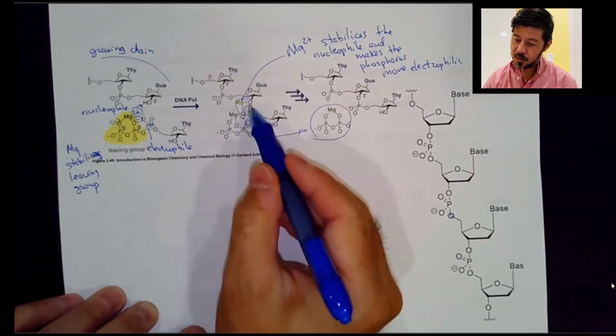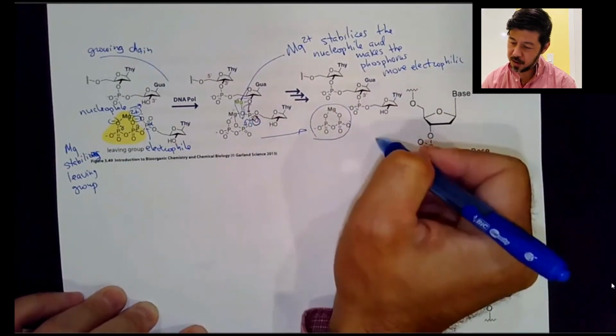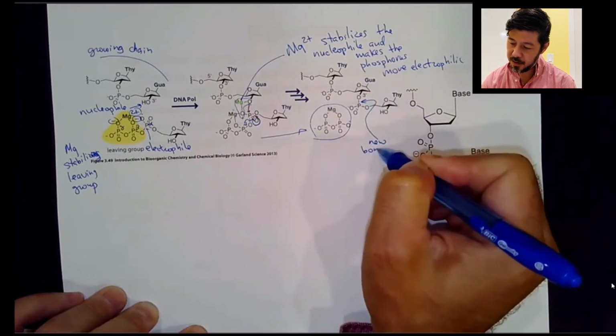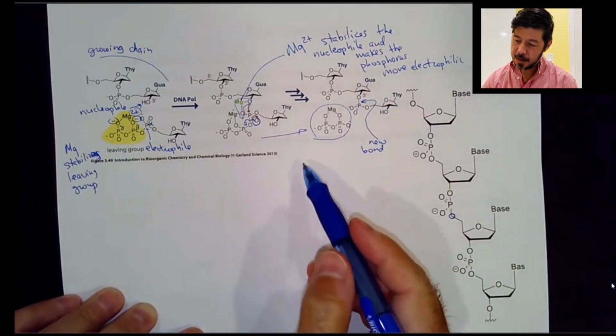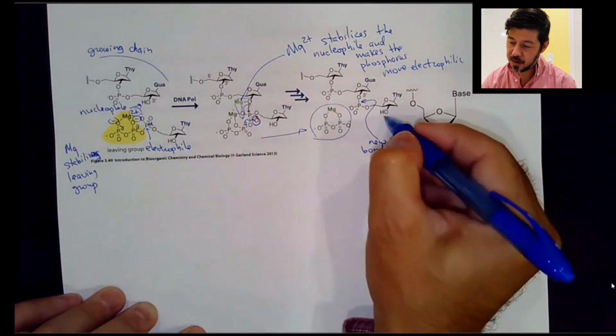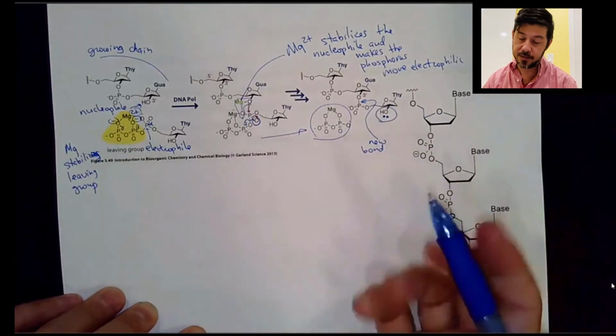Okay, so once that nucleophile reacts with the electrophile, you now have your new bond, your new oxygen phosphorus bond. And then to complete another round, this 3' hydroxyl group can now attack another triphosphate.